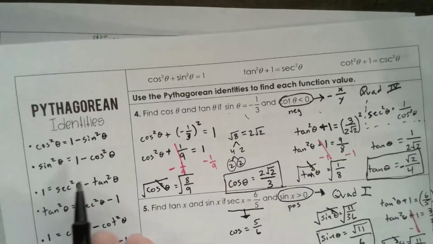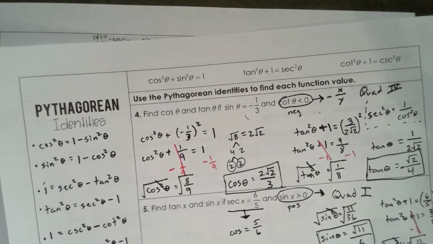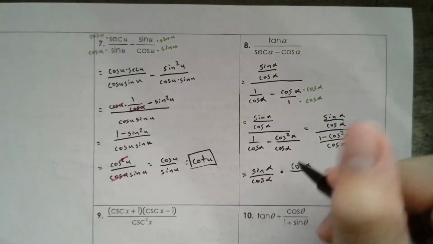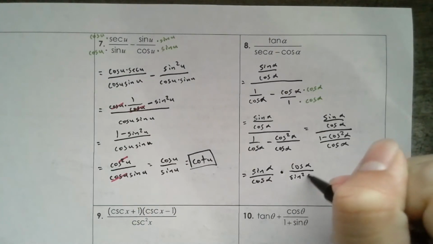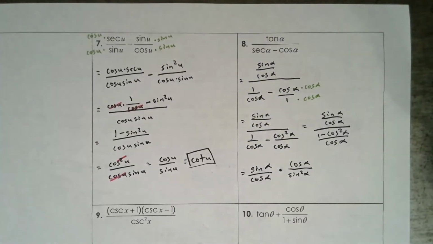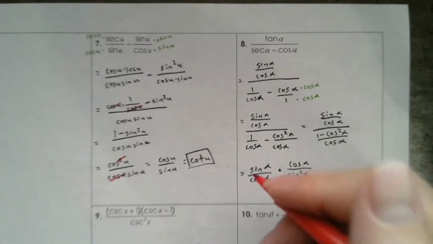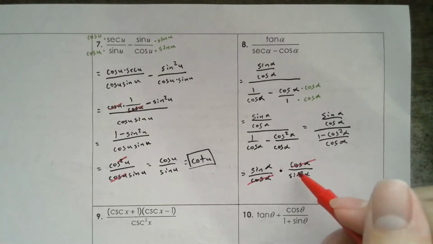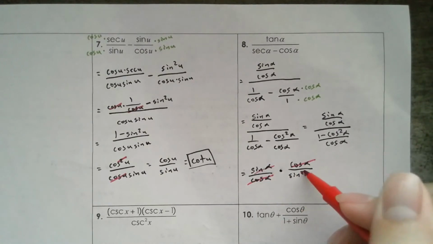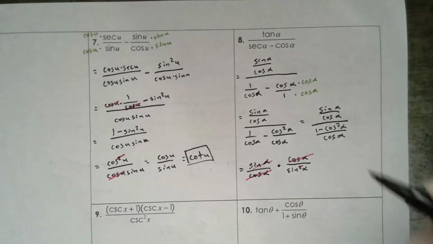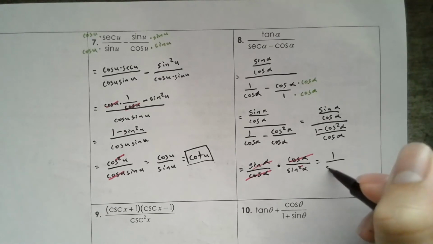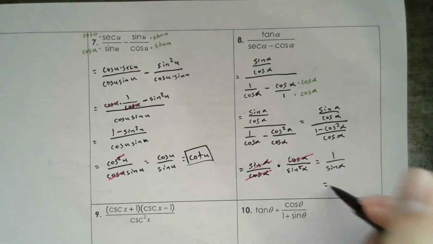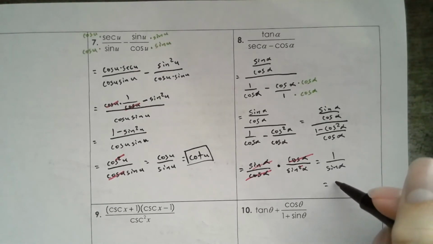So I can just go ahead and sub it in. The cosine alpha will cancel there, sine alpha will cancel out with one of the sines, and this will be 1 over sine alpha, that's cosecant alpha.